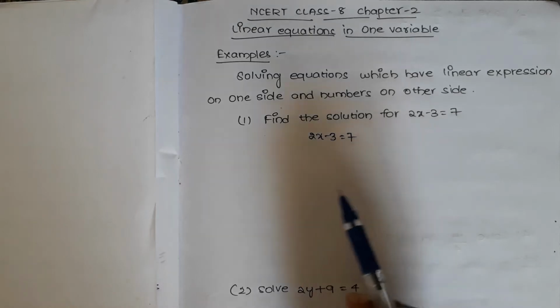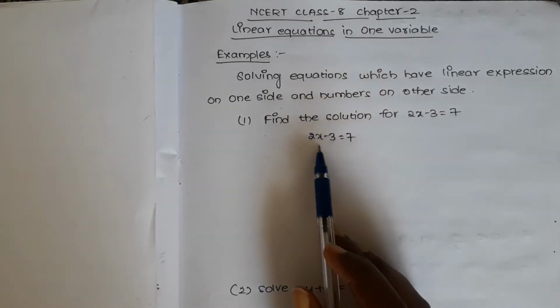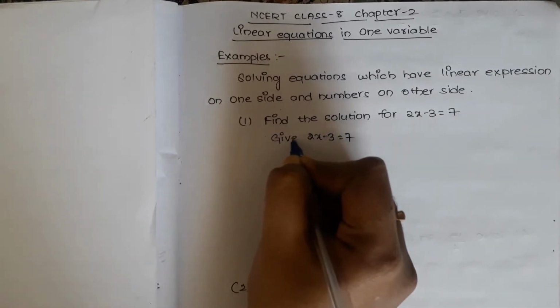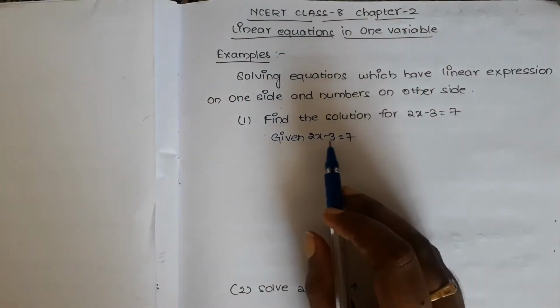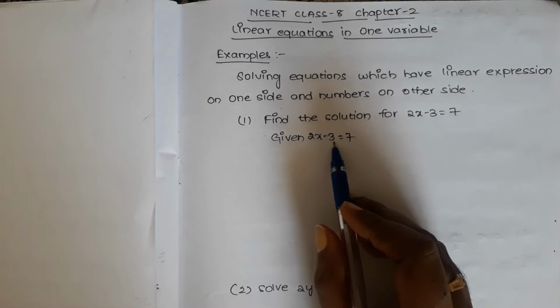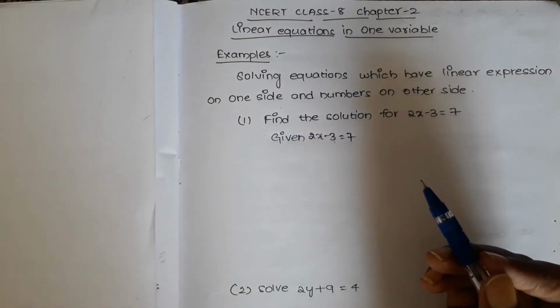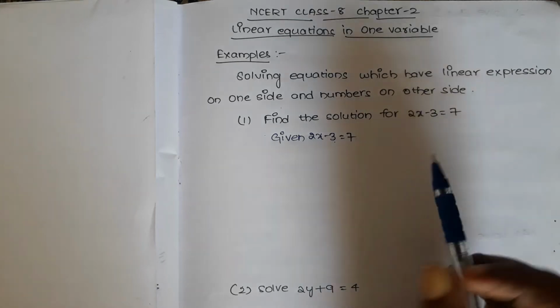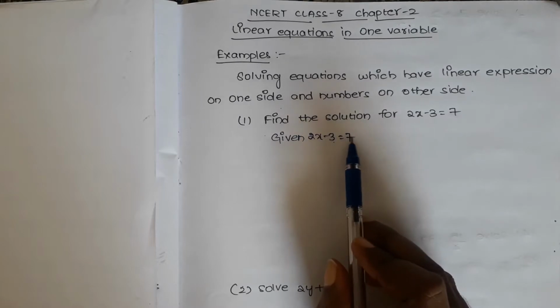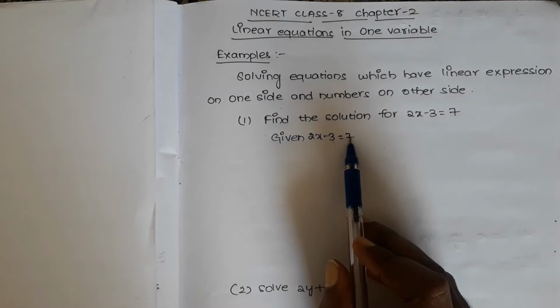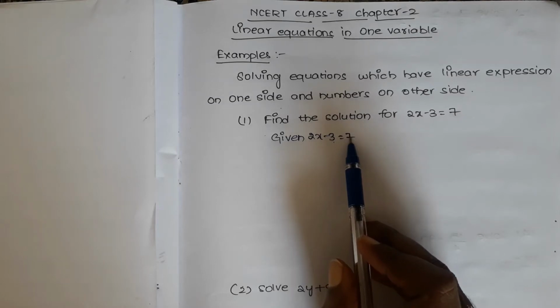Now let us solve this problem. Given 2x minus 3 equals 7. As we said in the previous video on how to find the solution of an equation, according to that, the two sides, that is both LHS and RHS, should not be disturbed, that is the balance shouldn't be disturbed.